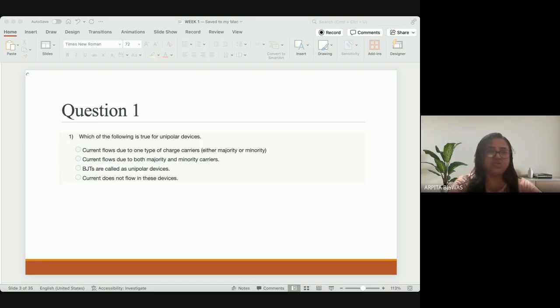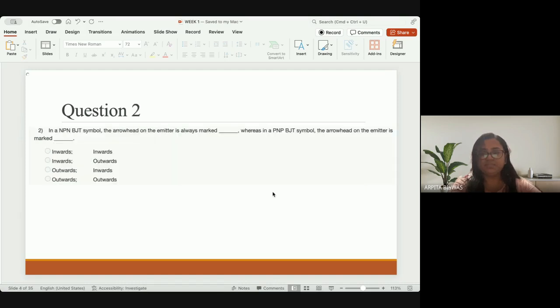Next, moving to question number 2. In an NPN BJT symbol, the arrowhead on the emitter is always marked dash, whereas in a PNP BJT symbol, the arrowhead on the emitter is marked dash. The first option is inward and inward.